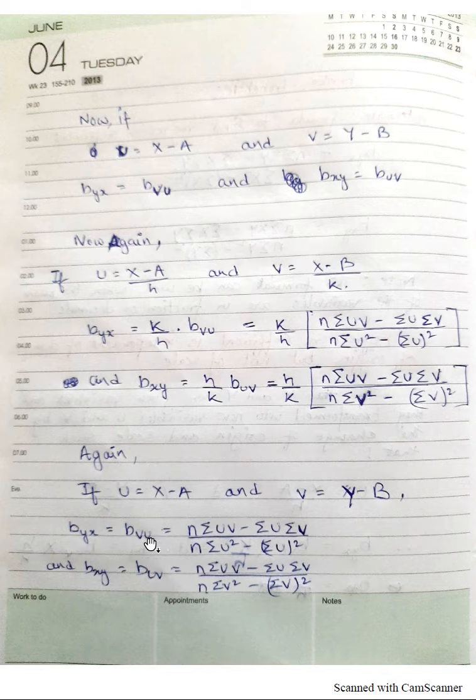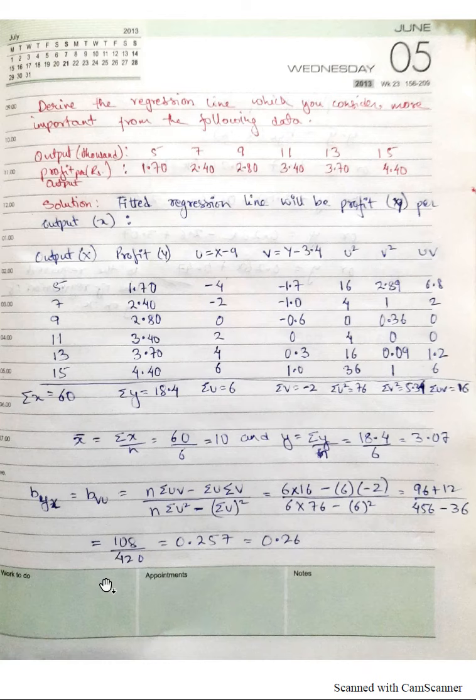That is the formula for bvu. And bxy, that is the regression coefficient between x and y, will be equal to buv, that is the regression coefficient of u on v. So bxy can be written as n summation uv minus summation u into summation v divided by n summation v square minus summation v whole square. As this is the formula for buv, this will also be equal to bxy.